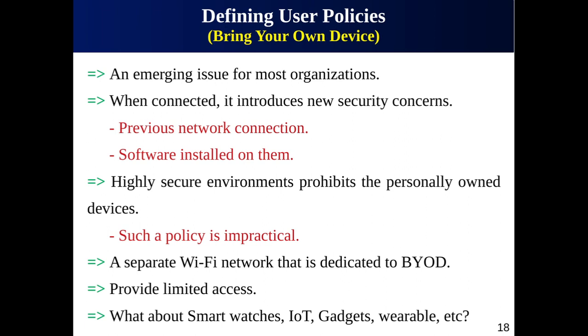Another approach is technologically more complex, but is to detect the device on connection, and if it is not a company issued device, you can limit the access for that particular device. So whatever approach you take, you must have some policy regarding personal devices usage because they are already ubiquitous.